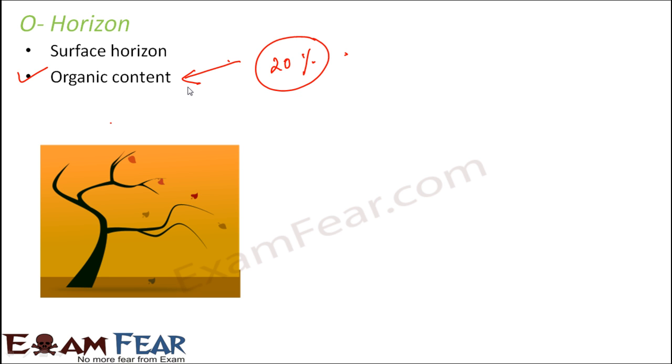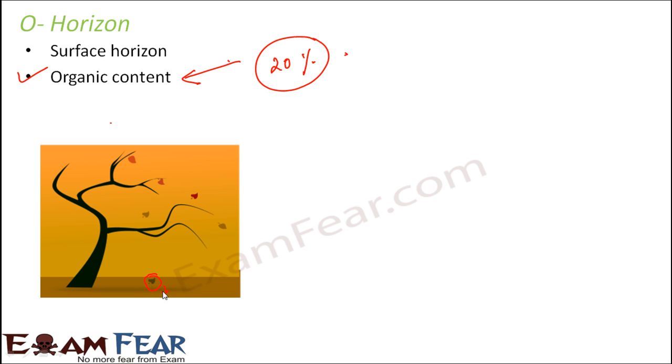This O horizon contains organic matter at different stages of decomposition. Let us consider this leaf which fell on the ground. Now it has dried, it has died. Over a period of time, it will start to decompose. As time passes by, it keeps going deep inside the soil.